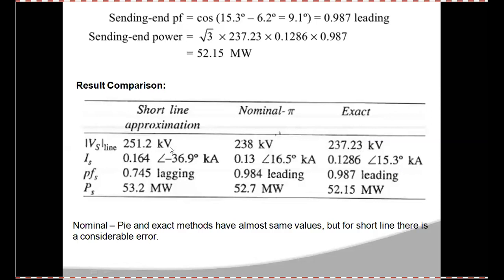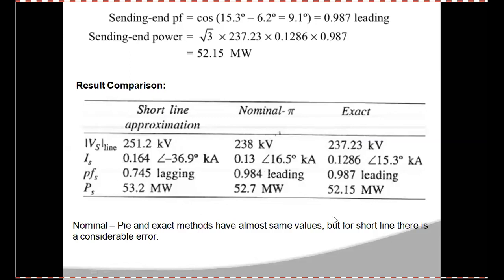And the power factor for short line approximation is 0.745, for nominal pi 0.984 leading, and for exact it is 0.987 leading. And total power for this transmission line by short line approximation is 53.2 megawatts, for nominal pi it is 52.7, and for exact it is 52.15. Okay, we have calculated all these values.